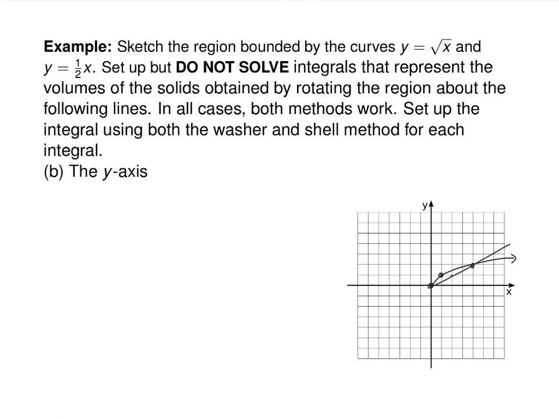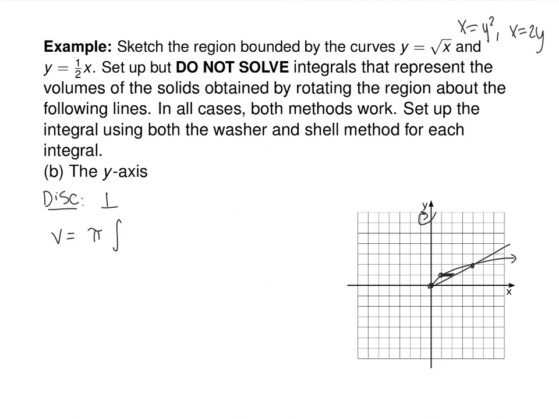All right. So about the y-axis, let's do the disk method first. For a disk, we slice perpendicular to the axis of rotation. So there we're slicing horizontally. Pi r out squared minus r in squared in that case. So we have, once again, x equals y squared and x equals 2y.